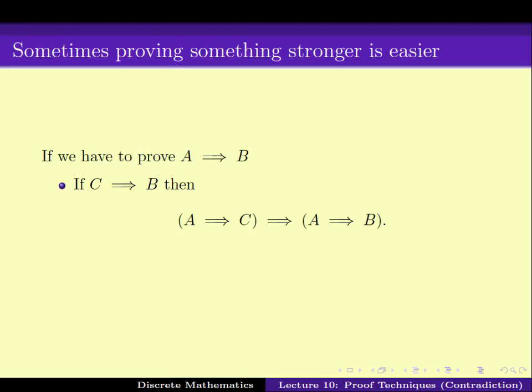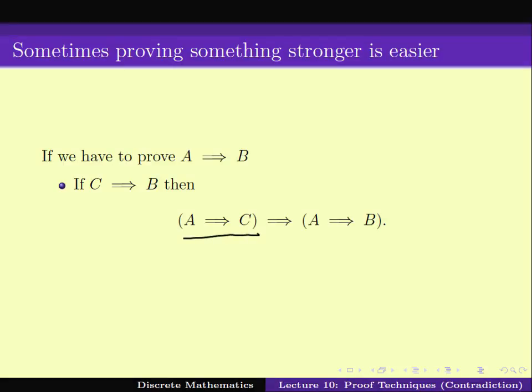So while it might be harder to prove A implies C, if we can prove A implies C, then we get A implies B. Sometimes this harder statement is easier to prove. For example, here, notice that A implies C is strictly harder than A implies B. But proving the harder statement can actually be more helpful, easier than solving the easier statement A implies B.